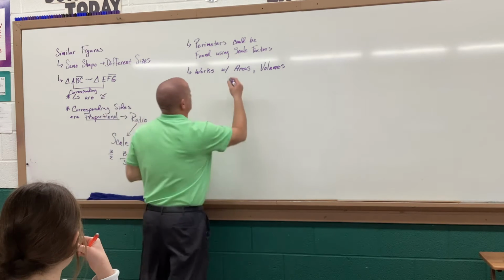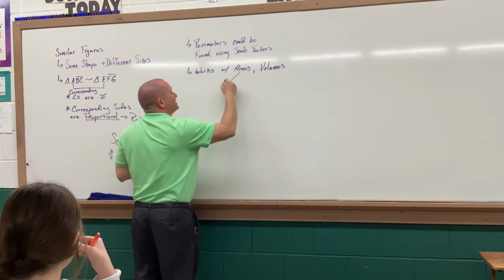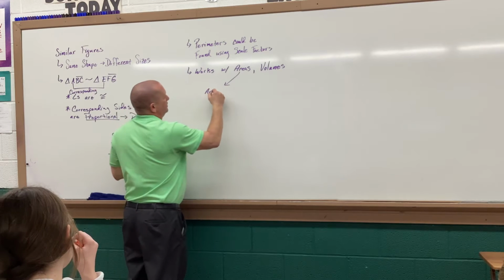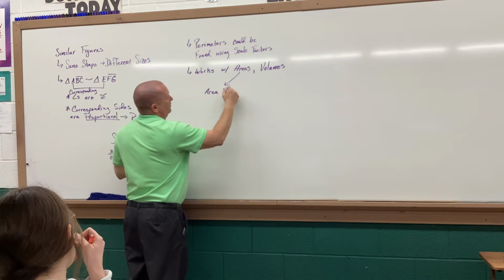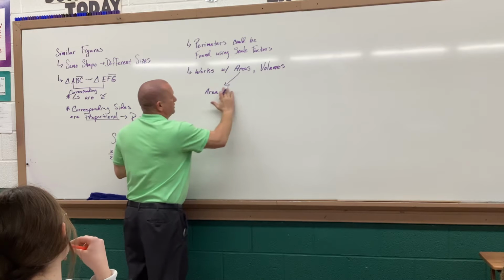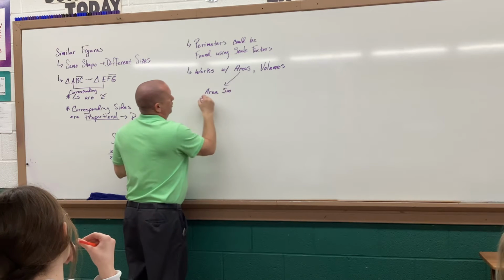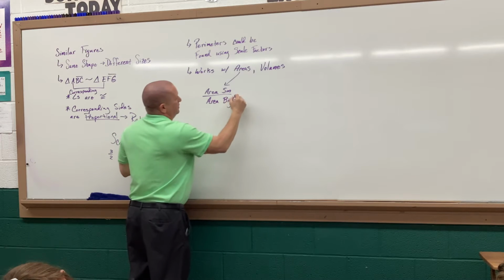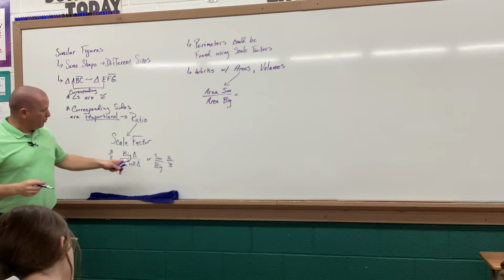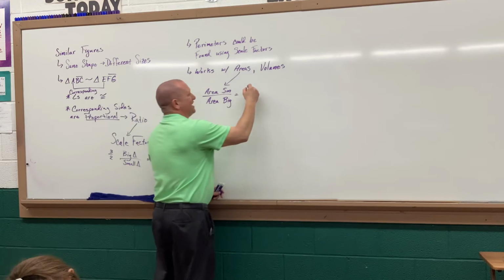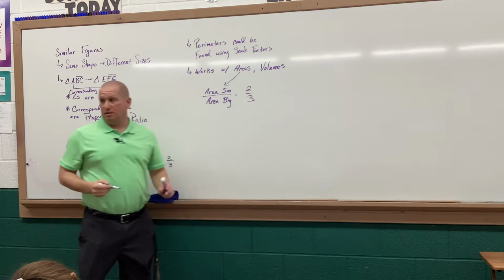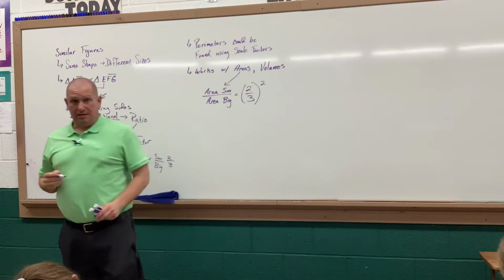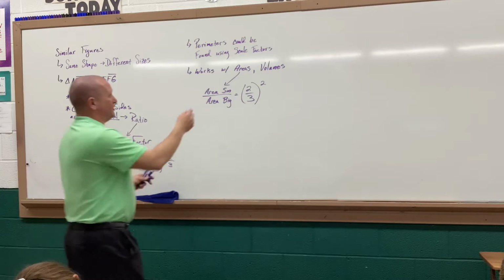It's squared, right? So when you try to do this same thing with an area, you can still set up the area of, let's use big and small again, the small over the area of the big, and that's fine. So we're still going to set up a proportion, but when you stick in this scale factor, which was 2/3, you have to remember to square that scale factor if you're talking about areas.